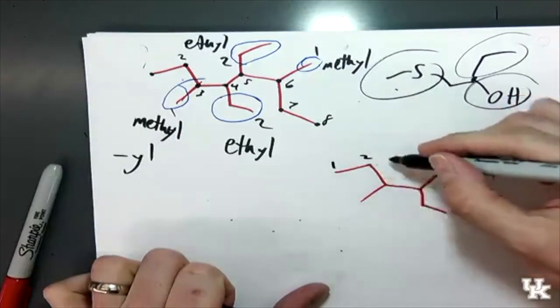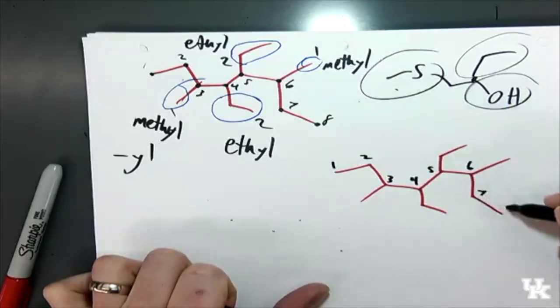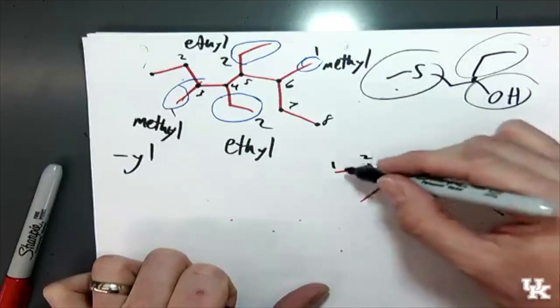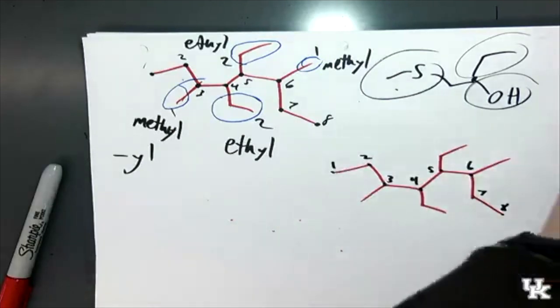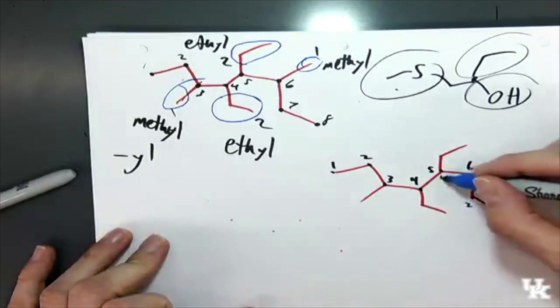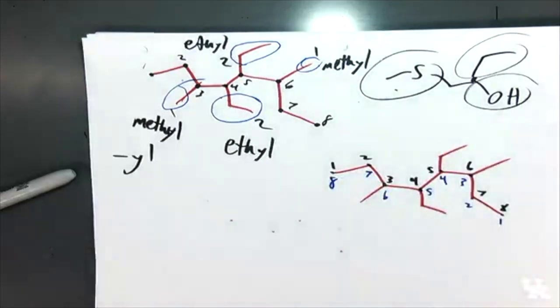On top, we have left to right numbering system because all the carbons are here, if you remember. So on the bottom, let's do right to left numbering system. All right. So our goal is to reduce the overall total number of every substituent.